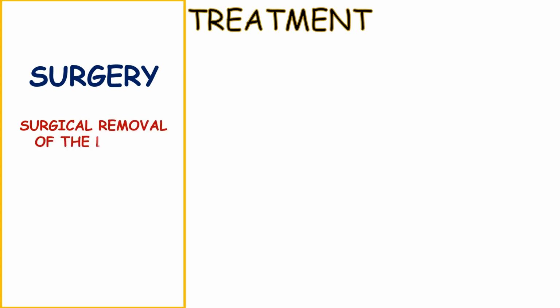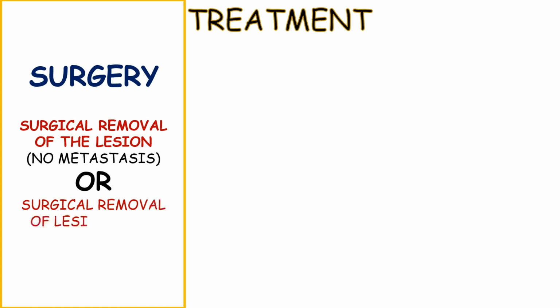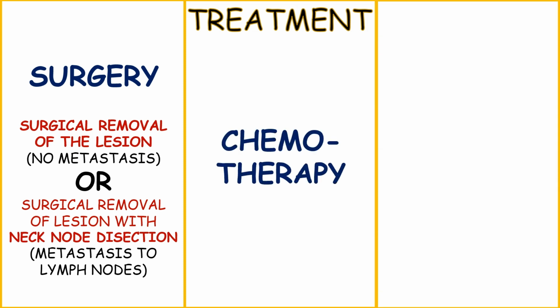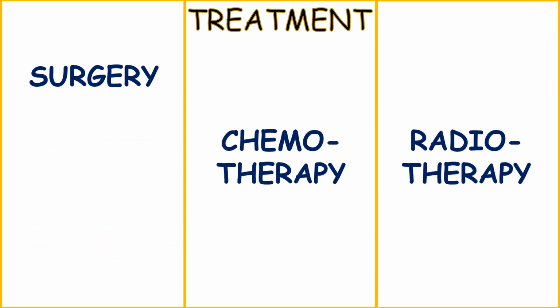The treatment options available for squamous cell carcinoma are surgical removal of the lesion if local mets have not taken place, or surgical removal of the lesion along with neck node dissection if metastasis to lymph nodes has taken place. If carcinoma has spread to distant organs and is unresectable, then chemotherapy and radiotherapy are used to eliminate the cancerous cells and prevent further spread or recurrence.